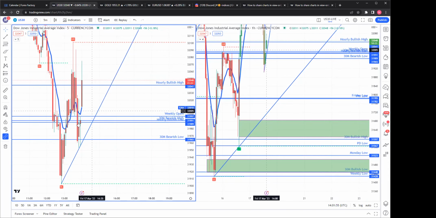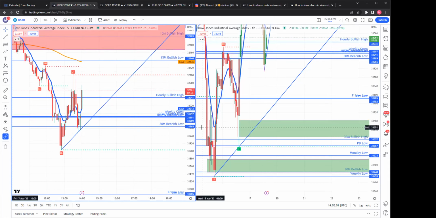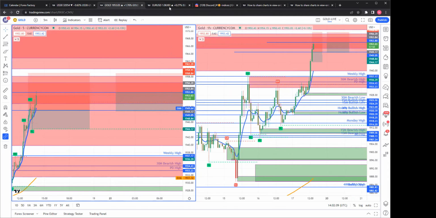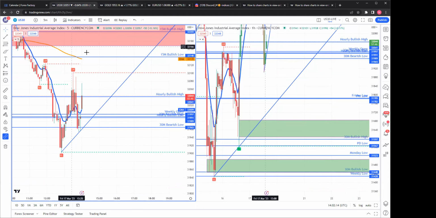It's a good impulse, but I think US 30 is going to come back down. That is what I see. So nothing on gold, nothing on EU. Let me wait on US 30.